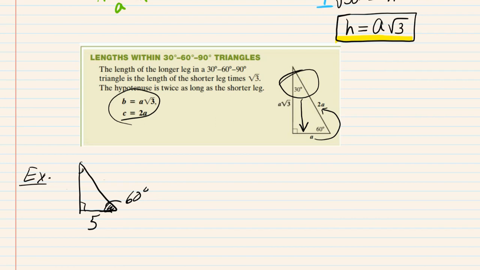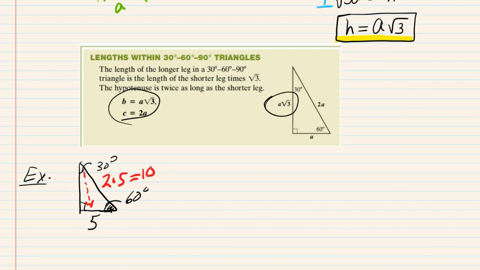So here's my 30 degree angle, and the side opposite that is this one, which is a 5. That's half of the hypotenuse, so the hypotenuse must be 2 times 5, or 10. And see how that worked? And for the altitude of the triangle, the height, you just put square root of 3 on a.